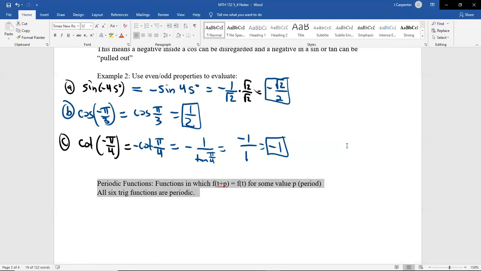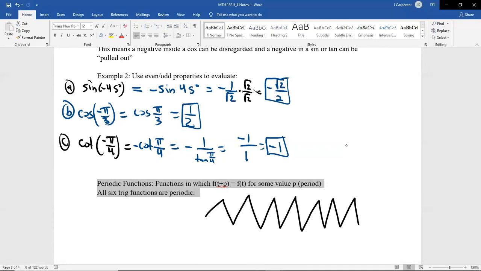A periodic function is one that just keeps repeating. It keeps repeating, it keeps repeating. It does the same thing over and over and over. So if you were to graph a periodic function, it might look something like this, with better artistic skills. Imagine those all have the same heights. So let's say this is an x value of 1, this is an x value of 2, an x value of 3. The outputs, the heights, are all the same.